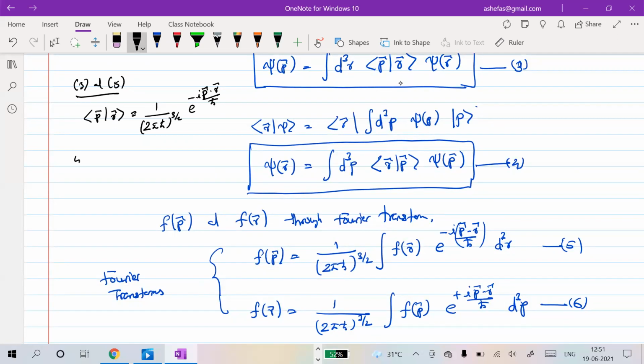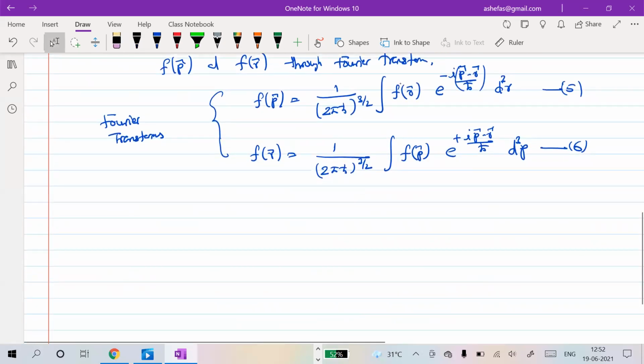And by comparing equation number 4 and equation number 6, we can find the inner product ⟨r|p⟩ is 1 by (2πħ)^(3/2) e^(+i p·r/ħ). Okay, then we can write our ψ(p) and ψ(r).